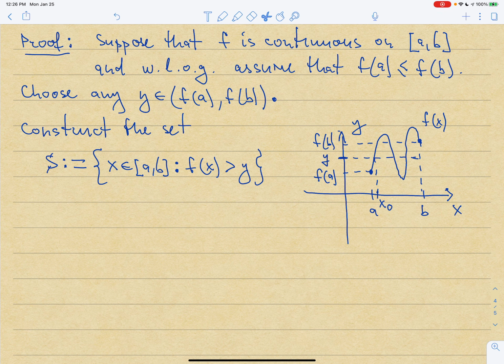All right, so what do I know about this set? From a picture, it looks like that set will consist of the following. It will include all the points in this piece of a graph because there f of x is bigger than y, and all points up here because there all points are bigger than y as well.